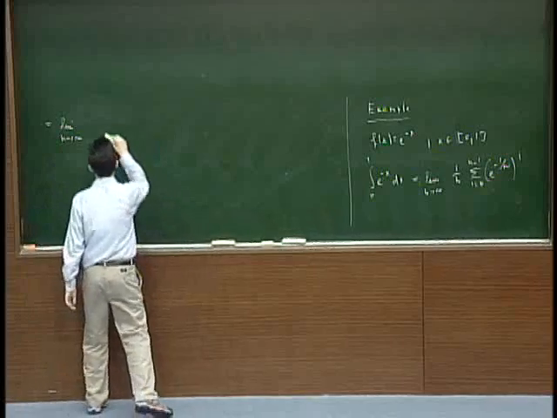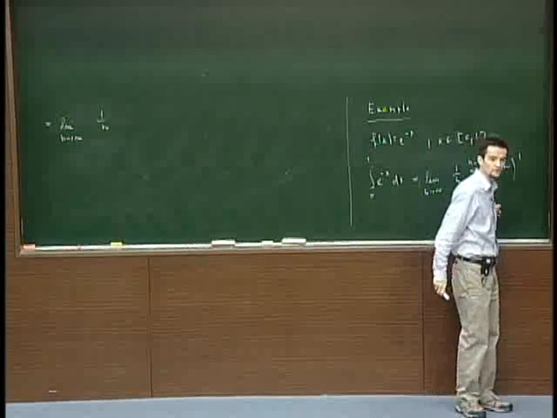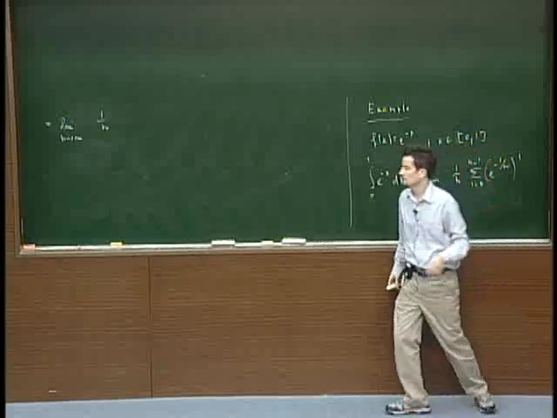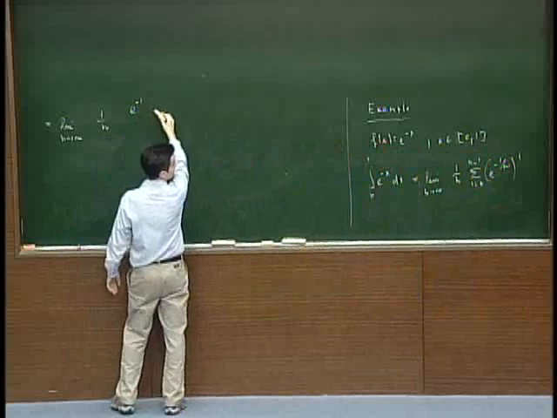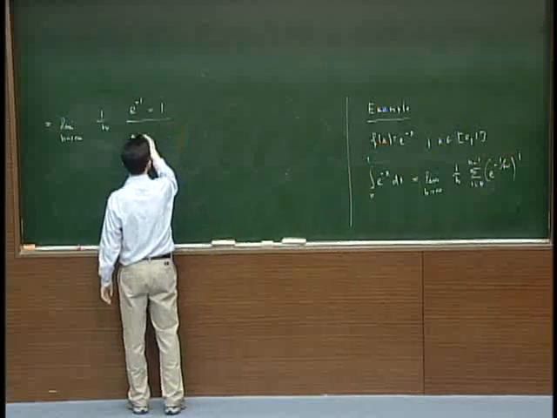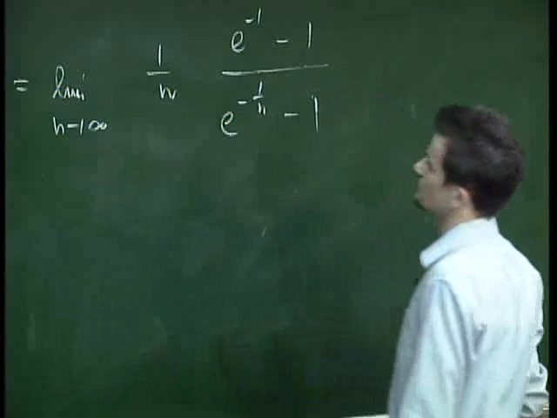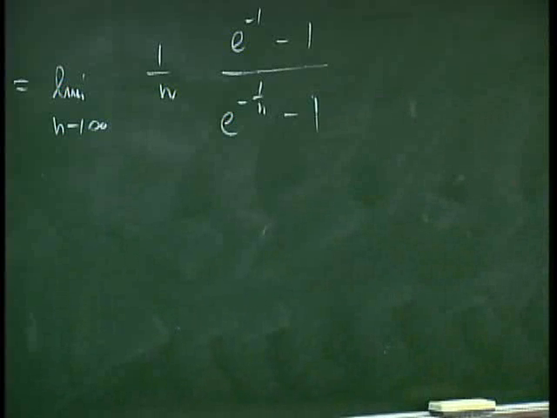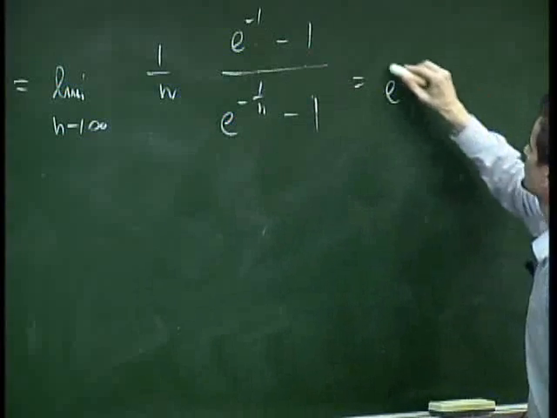As n tends to infinity. And now you know that there's a formula in order to sum this up. So what you get is e to the minus 1 over e to the minus 1 over n minus 1. So you are left with computing this limit, but you see that this is a constant, so you can take it out.